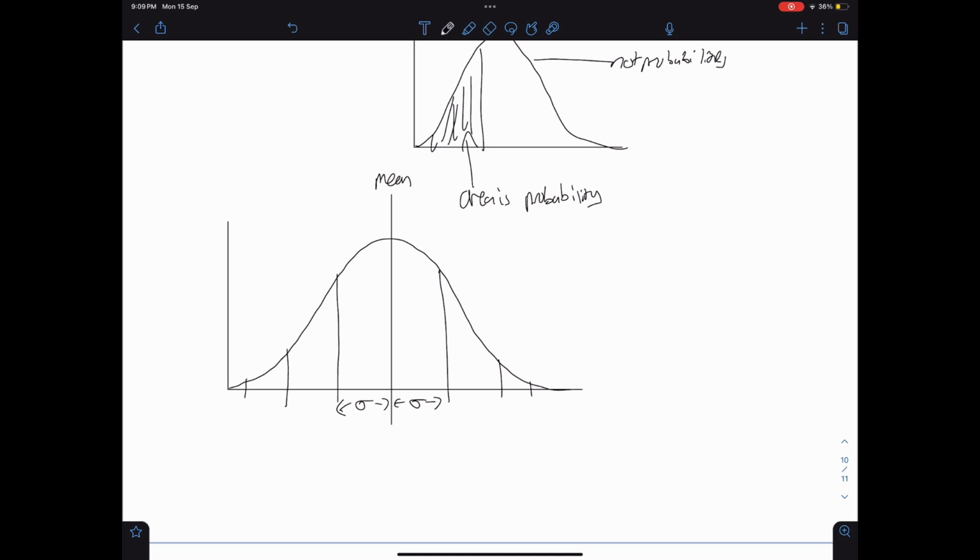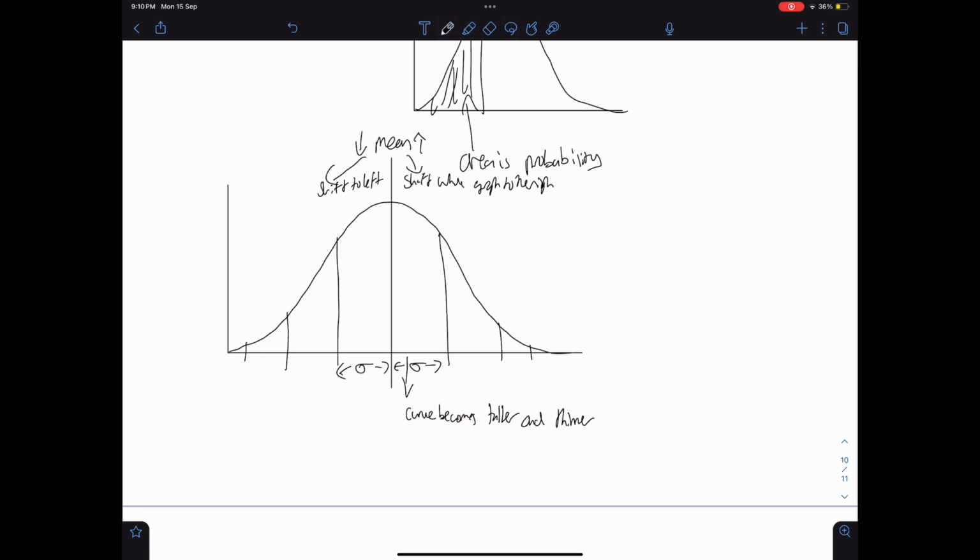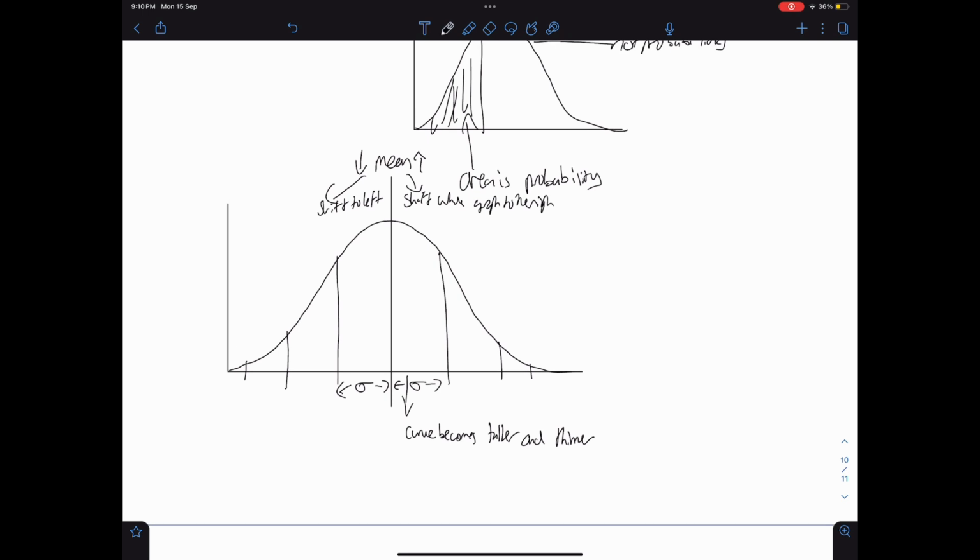And as you increase the mean, you shift the whole graph to the right. And then if you go down, shift to the left. If you decrease the standard deviation, the curve becomes taller and thinner, so less spread out, and by a proportional amount.